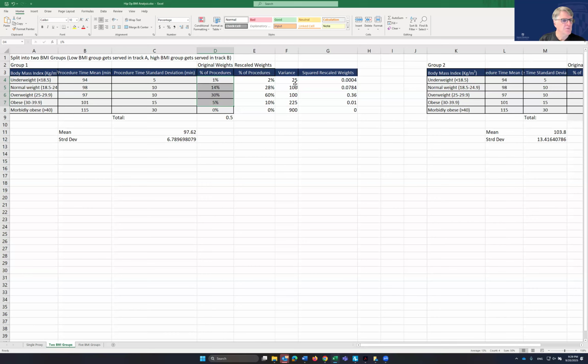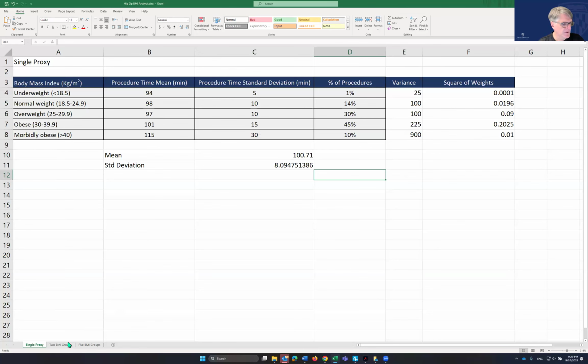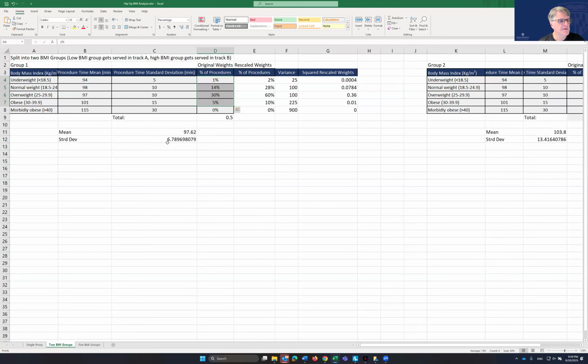Doing exactly that. And when I do these calculations, I get 97.62 down from 100.71, right? So if I go to the single proxy, 100.71. Now I've got 97.62 with a smaller standard deviation, 678. And for track B, it goes up from 100.71 to 103.8, with a standard deviation of 1341.